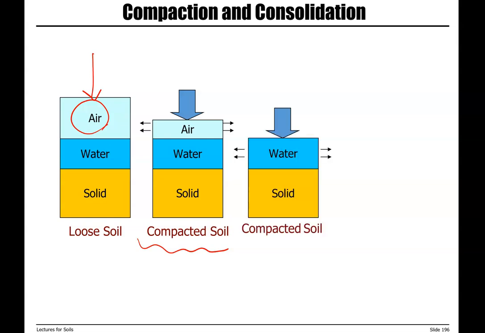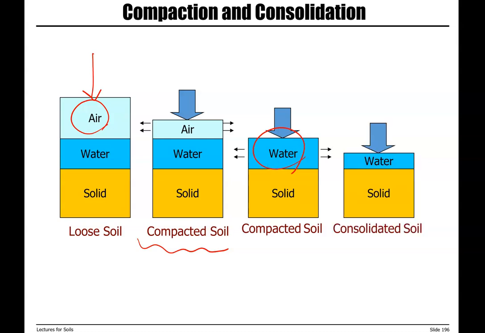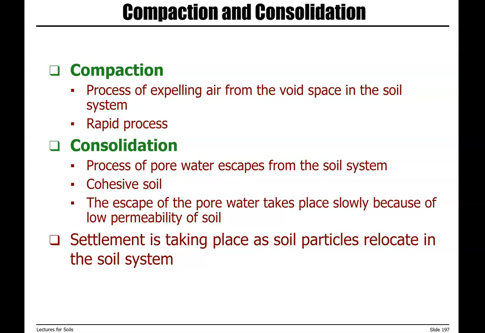When all the air is removed from a soil sample, now when we apply external load, water is being removed from our compacted soil, and this is referred to as consolidation. So, removal of air from the void space in soil is compaction.